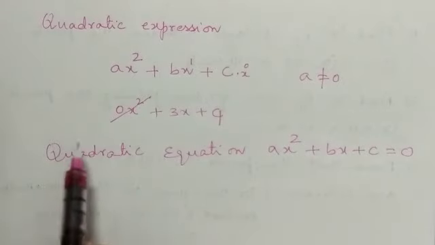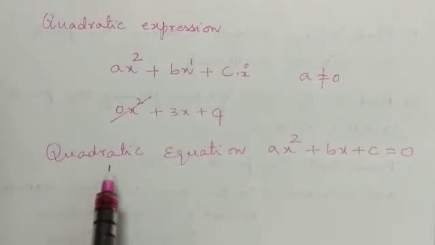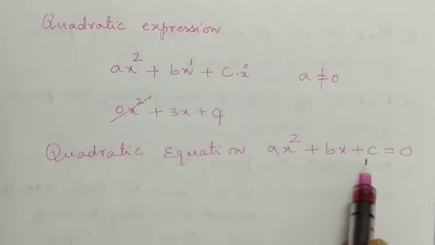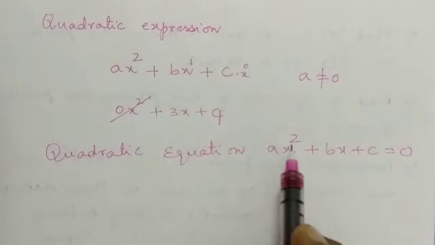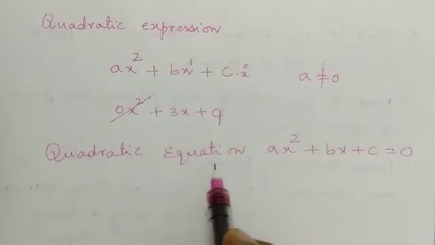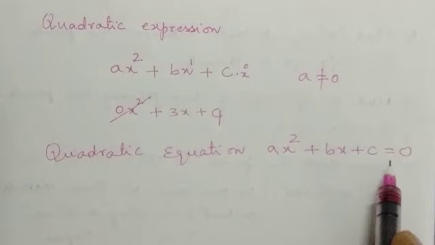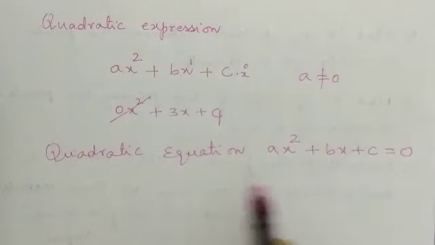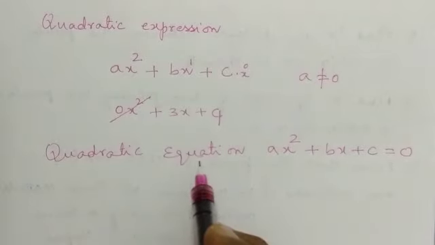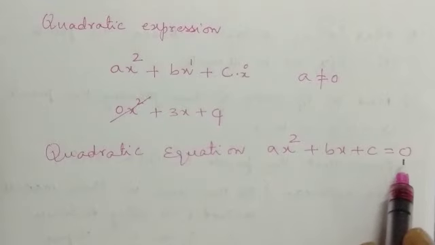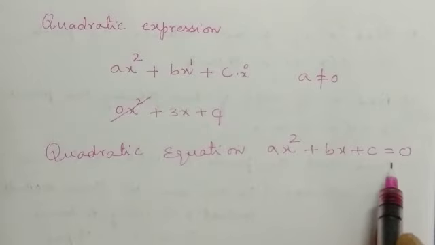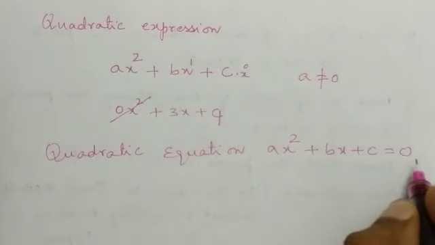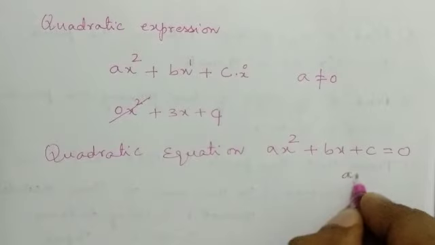Why is it quadratic? Since the highest power of x is 2. Why is it an equation? At last there is a sign, equal to 0. At last you should have equal to 0. And as I said, a is not equal to 0.